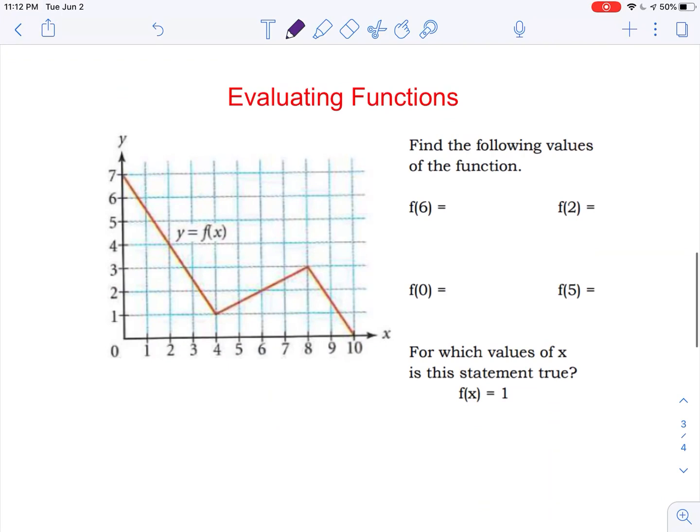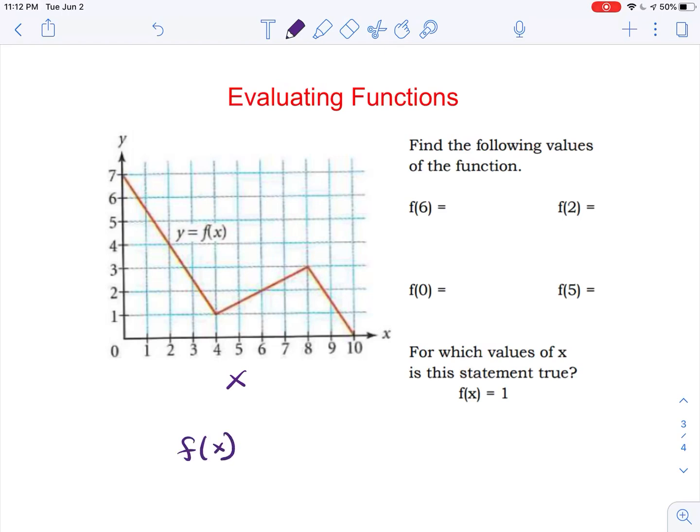So another way they can ask you to evaluate functions is by looking at a graph, right? Like I said before, you can check the values of functions for particular values if you plug it into the y equals form, because the table will give you the values. So now the question is, what happens when they give you a graph? Well, remember, this is my x-axis.